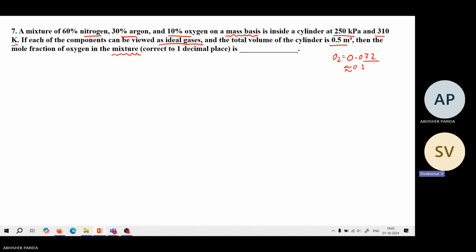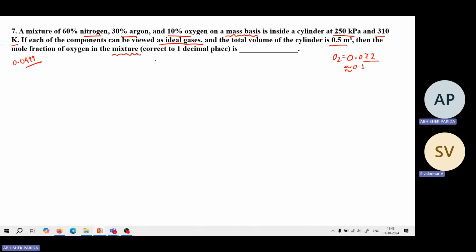The mole fraction of oxygen equals the number of moles of oxygen divided by the total number of moles in the mixture. What is the total number of moles you got? 0.0499 I have obtained, sir. We'll see.